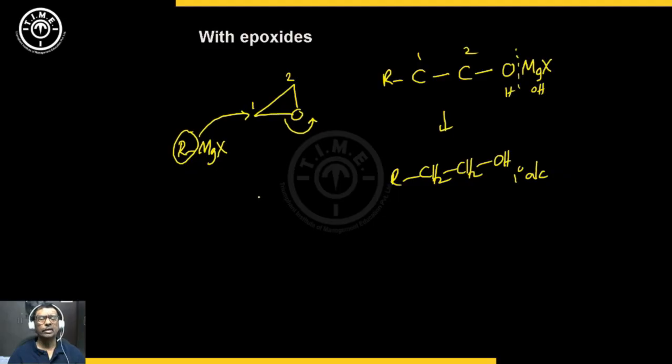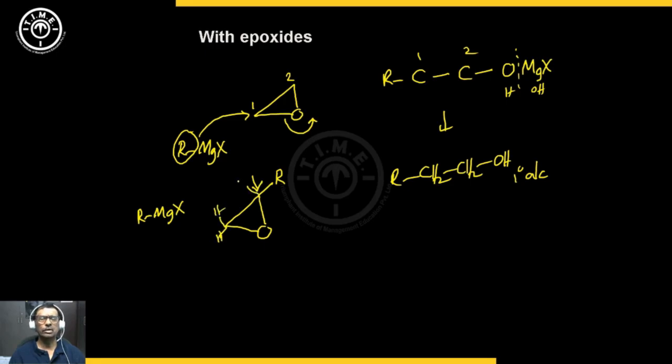Now let us say that you have an epoxide of this kind, where there is an R attached and we have the RMgX going to react. Now where does this R go? See, this is sterically hindered compared to this carbon because here you have only hydrogens.